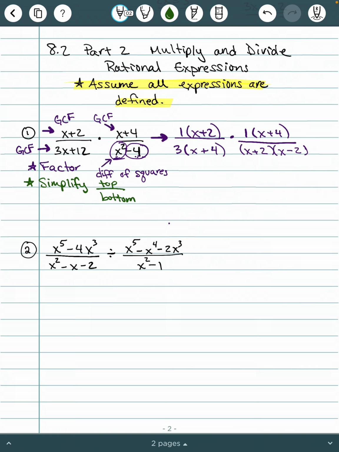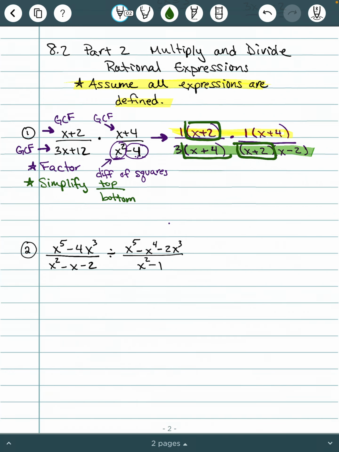So in this case, I look at my numerator up here, and I compare it to the denominator. And I say, okay, is there anything up there that matches anything down here? Well, sure. I have an x plus 2 in the numerator and an x plus 2 in the denominator. Those will cancel.